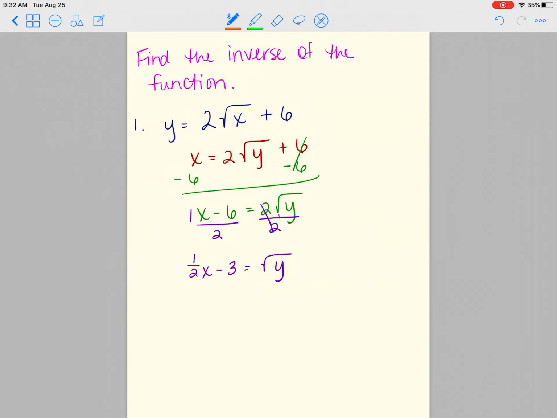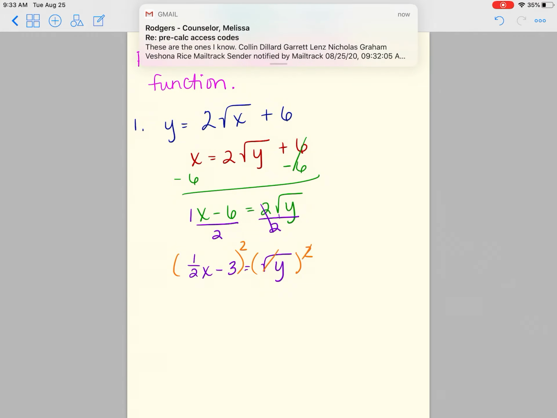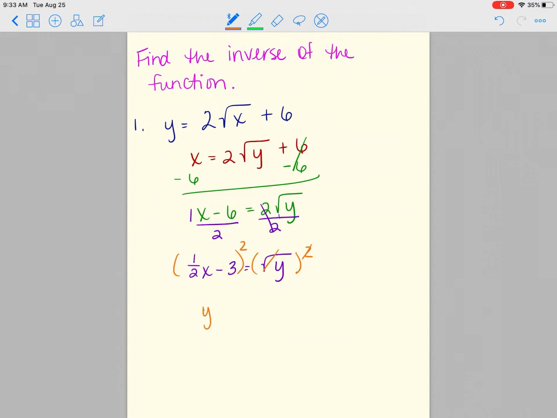So to get it all by itself, I have to get rid of the square root. In order to get rid of the square root, we square both sides. So my square and my square root is going to cancel. I'm going to get y equals the square root of 1/2 x minus 3. And they should let you put that in as your answer.